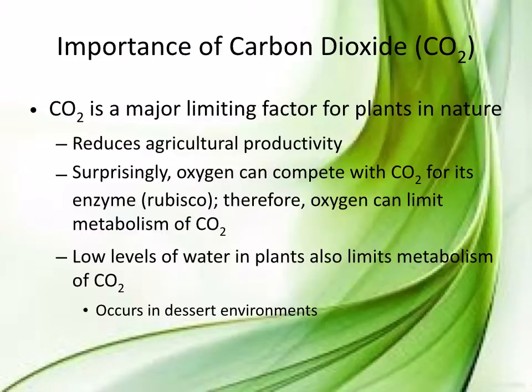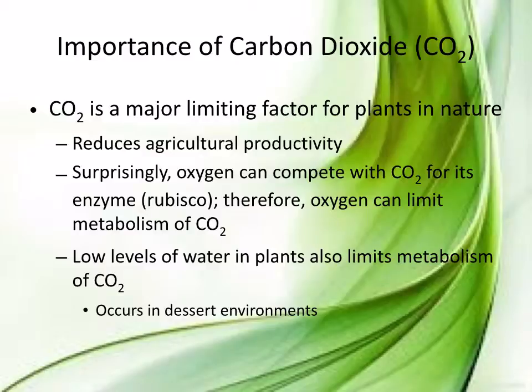So to continue on with the importance of carbon dioxide, CO2 is obviously a major limiting factor for plants in nature. It can reduce agriculture productivity because certain plants can't obtain the maximal amount of CO2. And shockingly, oxygen can actually compete with CO2 for the enzyme Rubisco, as we explained on the slide before, which incorporates CO2 to make carbonic acid.